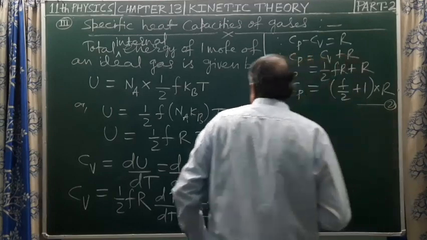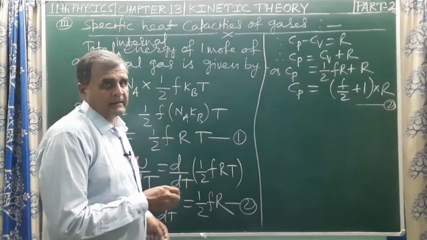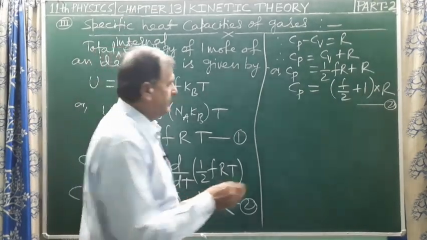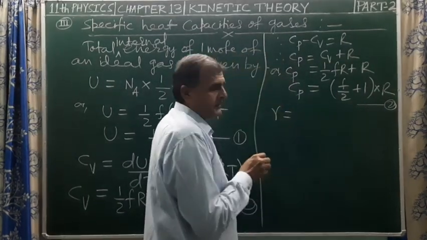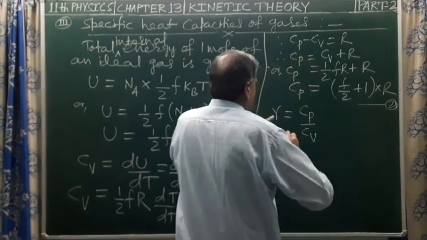Now we can obtain the ratio of the two specific heats of gases, that is Cp by Cv, which is known as gamma. Gamma equals Cp upon Cv.